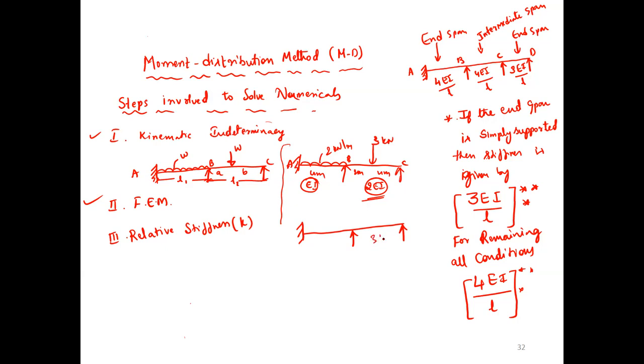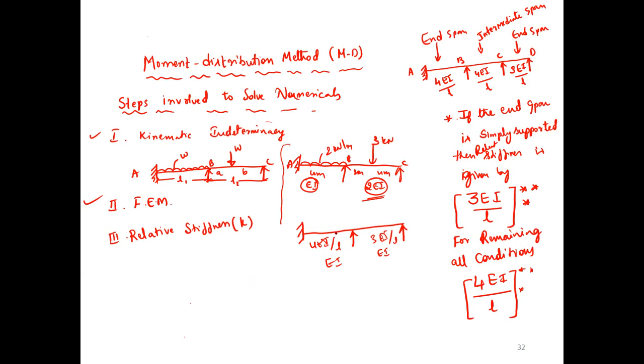Generally, this is 3EI by L and this is 4EI by L. Now substitute the EI value. You get EI here, and EI here also. This is relative stiffness, not full stiffness. Whatever we are writing is relative stiffness.